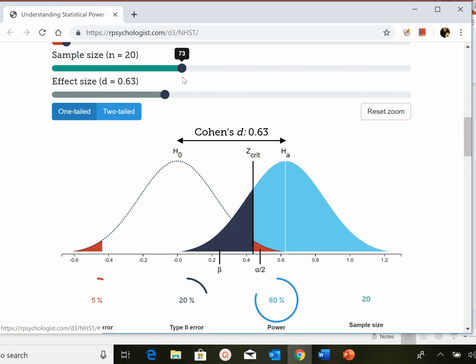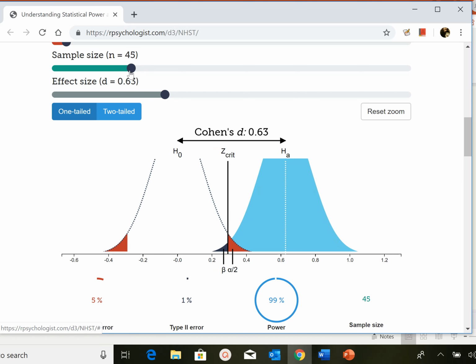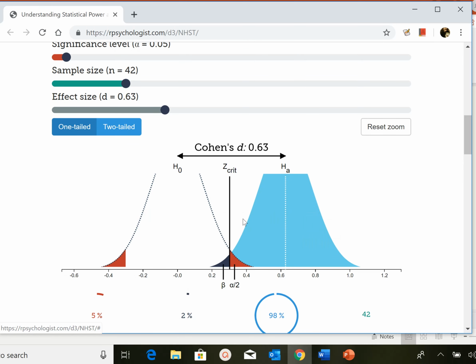Let's up the sample size to 70-something, and you see we get a lot of power. It says 100. It's not really 100, but it's rounding it to 100. Let's make it a bit lower. And you see with a larger sample size we get more statistical power, greater ability to reject the null hypothesis, as it should be rejected here because it's set up so that there is a difference.